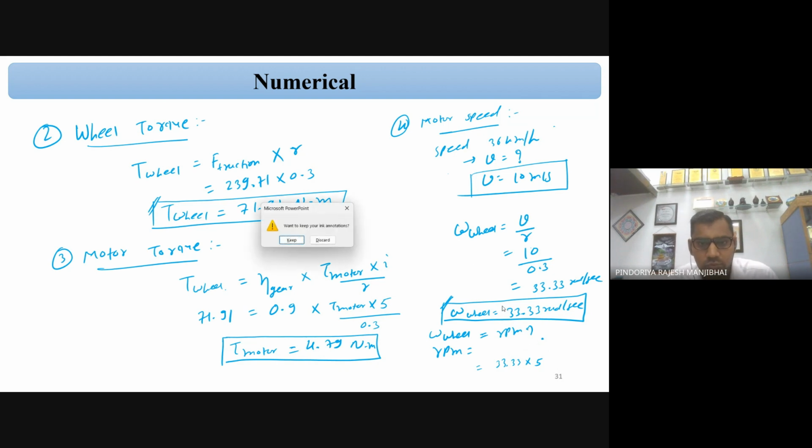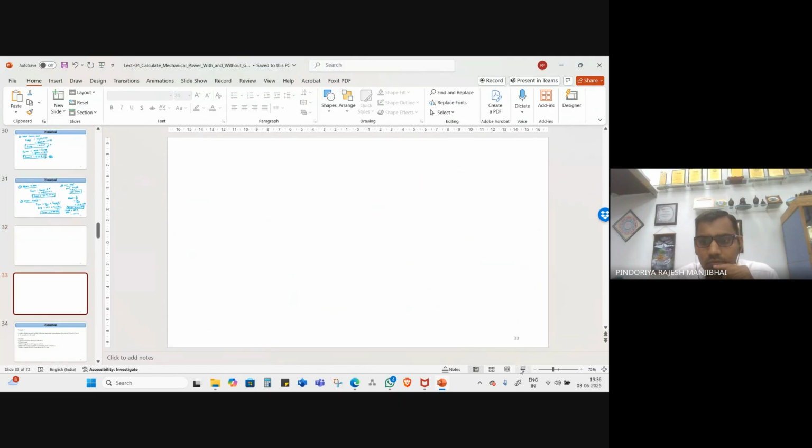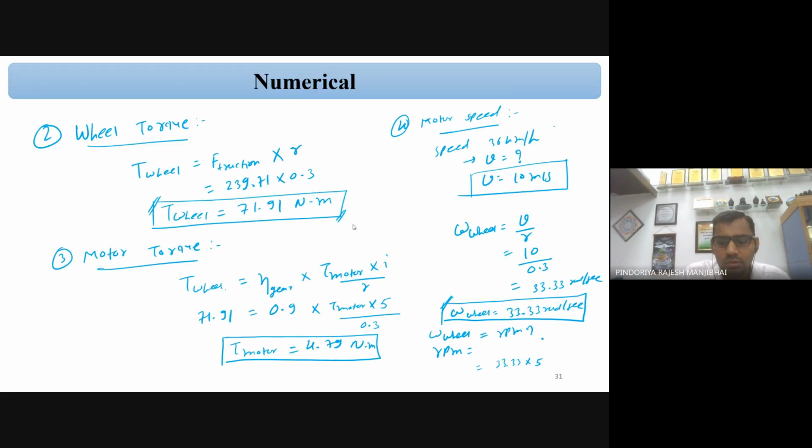Just 1 minute, I have to add one more slide. So we got omega motor equal to 33.33 radian per second, correct?